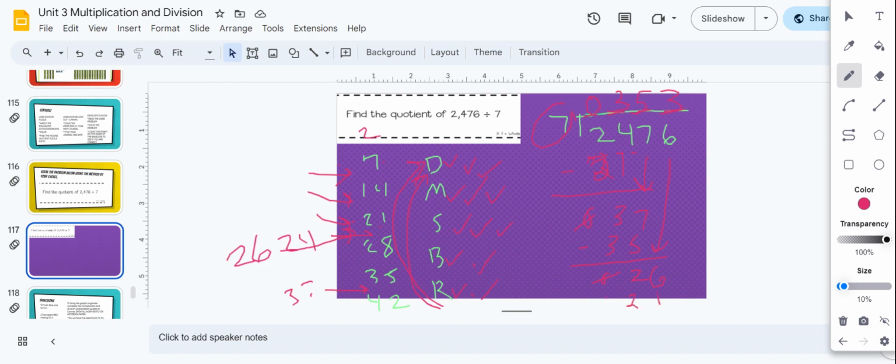Then I subtract. 26 take away 21, and I get 5. I cannot split 5 equally into 7 groups because it's smaller than my divisor, so it is my remainder. So my final answer is 353, remainder 5. And that's called the standard algorithm.